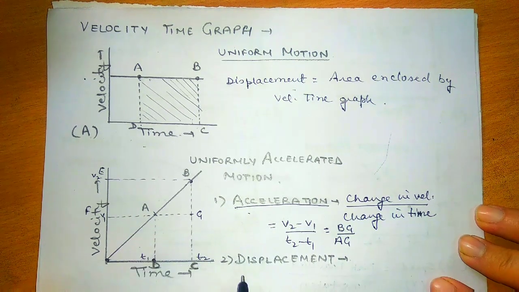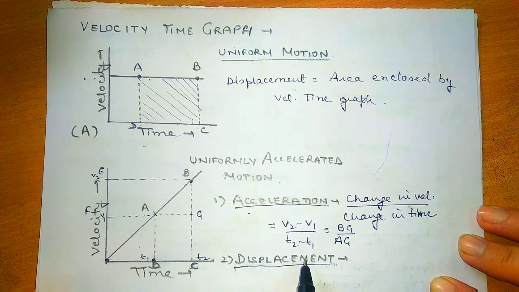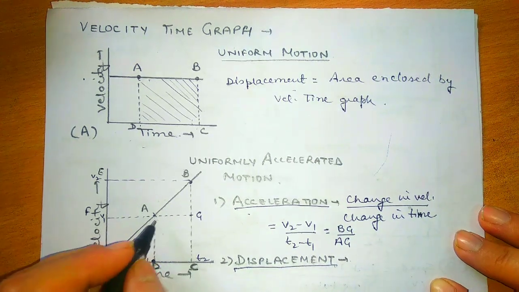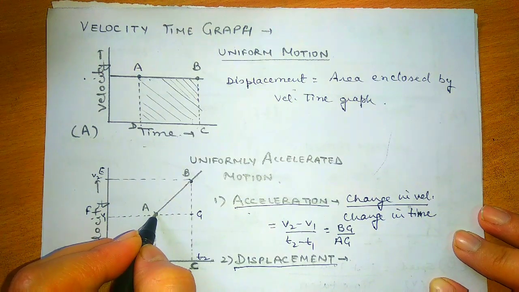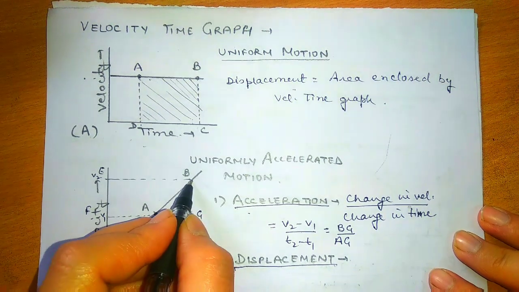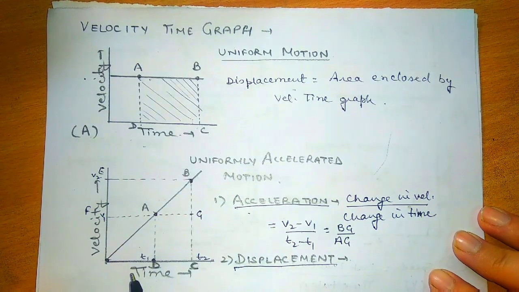One more thing: if I ask you to find the magnitude of displacement. Displacement means it starts from this point, and with a uniform velocity it moves to this point.